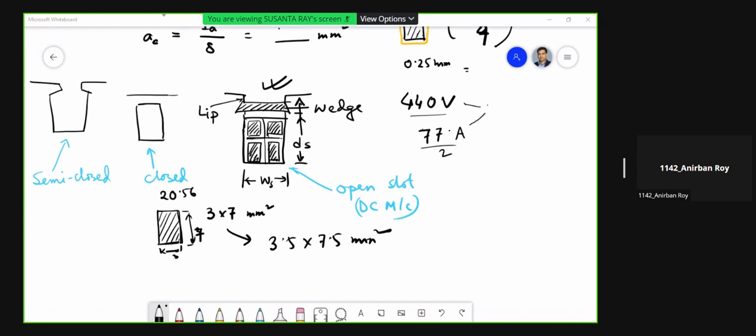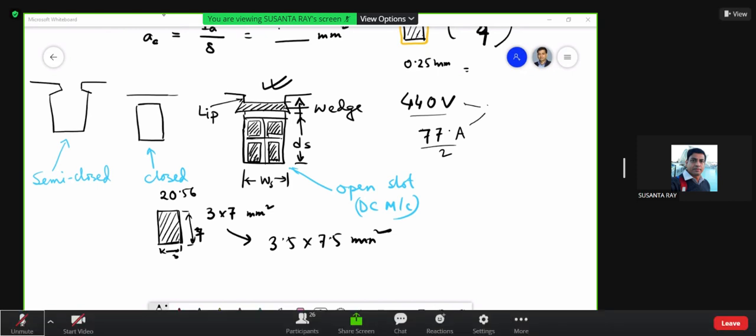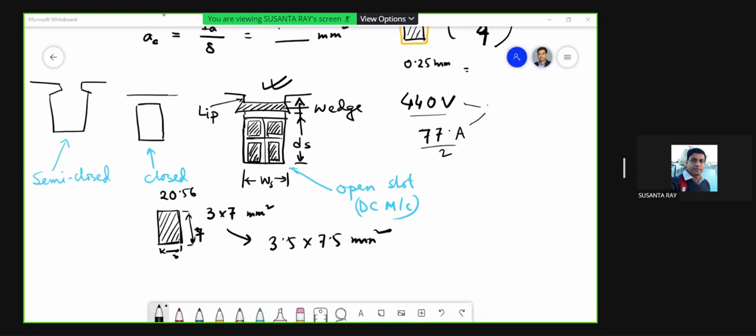Sir, for 12.75 millimeter square and a 10 kilowatt machine, what type of conductor should I use? Circular or rectangular? You split into four parallel and then you take a circular conductor. Okay, okay.